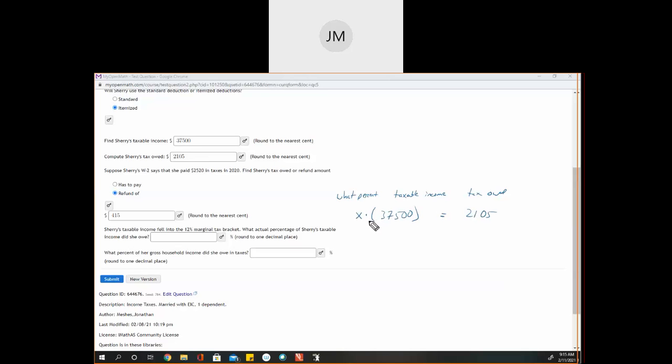If you translate it like that, it gets the correct numbers in the correct spot. I can see taxable income is written there, so that's what I fill in. It's what percent of the taxable income, so my variable is being multiplied by the taxable income. To get x by itself, I have to divide by 37,500.